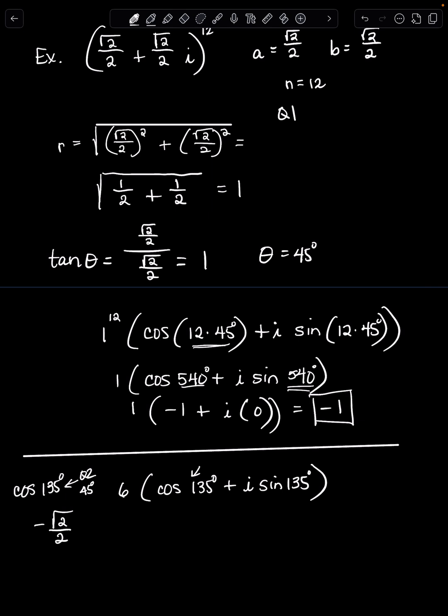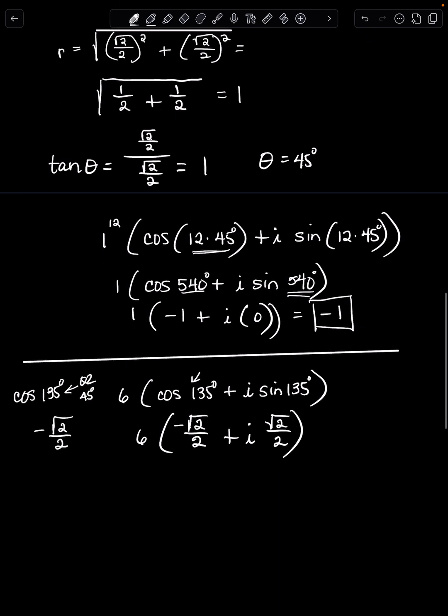So this would be 6 times negative square root 2 over 2 plus I times the sine of 135 degrees, which would be positive square root 2 over 2. Notice I don't have any approximations. I didn't round to any decimal places, and I'm just going to keep evaluating this, so you know how to evaluate these exact values. That's what you're going to have to do here.